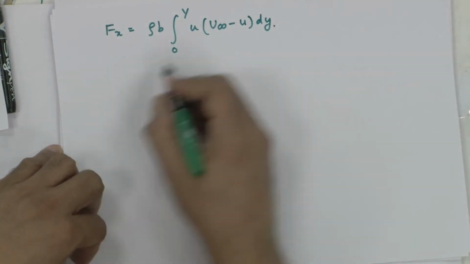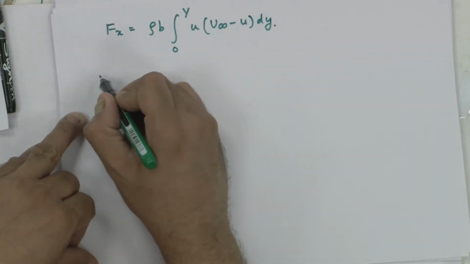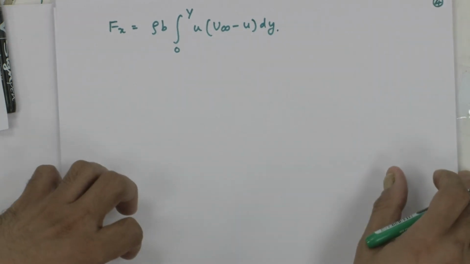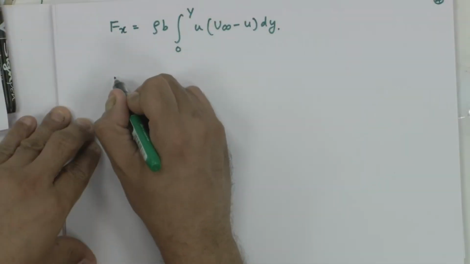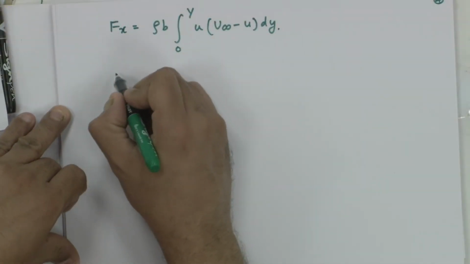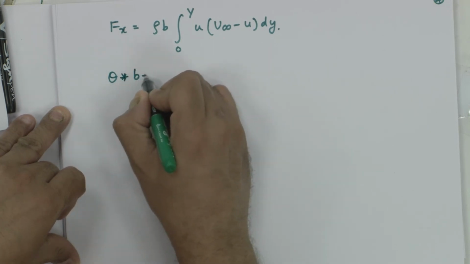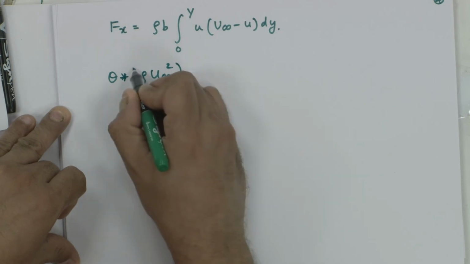Okay. Now, this momentum thickness is basically what is going to take care of this momentum deficit which has happened. So, I will write the momentum thickness times the mass flow rate. It is going to be theta into b rho u infinity squared.